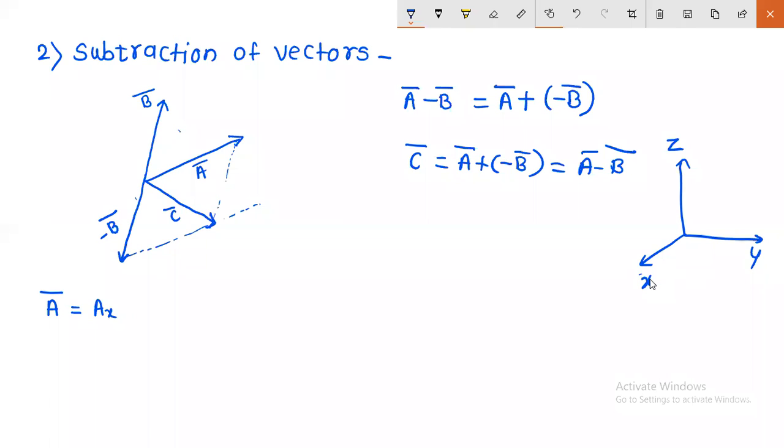It shows this a is the magnitude; mod of a bar is nothing but a, right? So I can write the magnitude of vector a bar in the x direction as ax, into the direction for that vector. It is given by the unit vector a bar, and as we are going in the x direction, it is small a bar x.